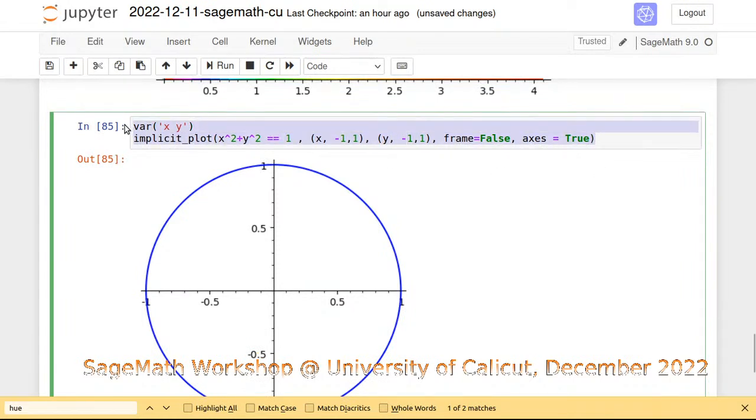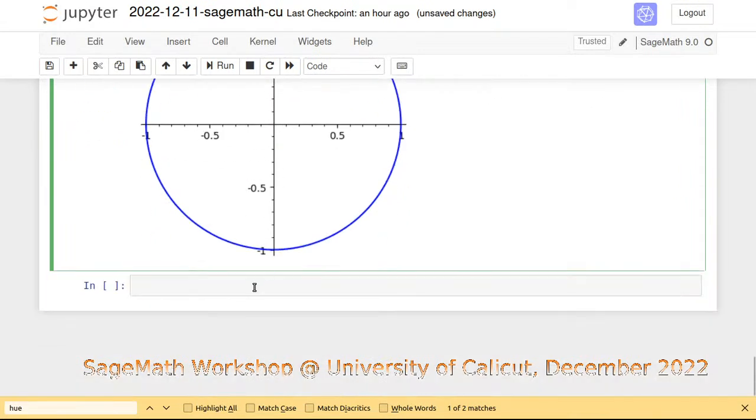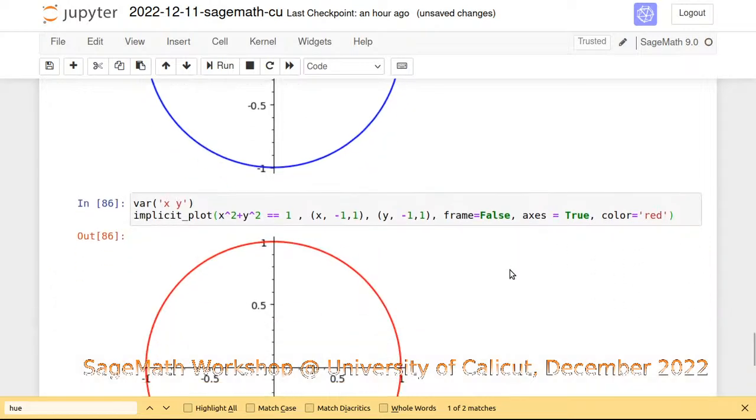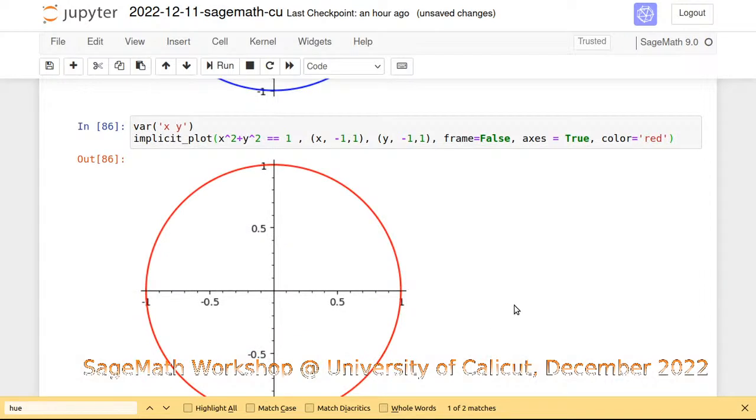And almost all other options that are associated with plot can be applied even here, like the coloring options and all. I remember that even with implicit plot, it can actually happen that the aspect ratio may go wrong sometimes.